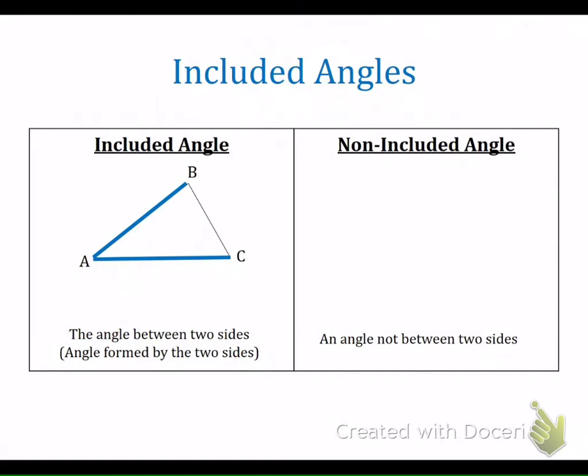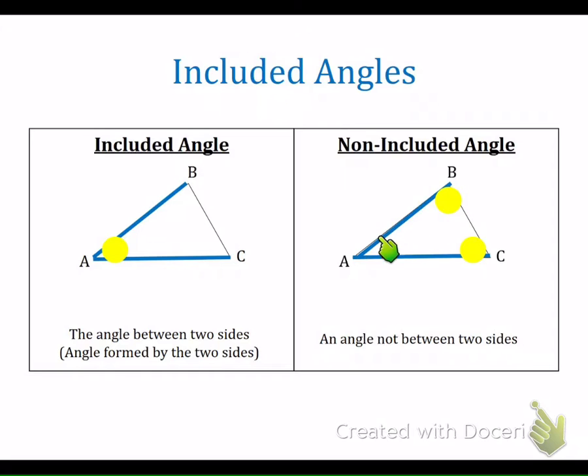An included angle is an angle that's between 2 sides. So if I'm looking at these 2 sides, side AB and side AC, the included angle is the angle that's formed by those segments. Okay? So here the included angle would be angle A. Now, if you're struggling with that idea, maybe it would be helpful to look at what the non-included angle is.